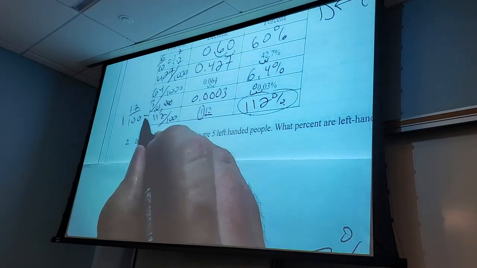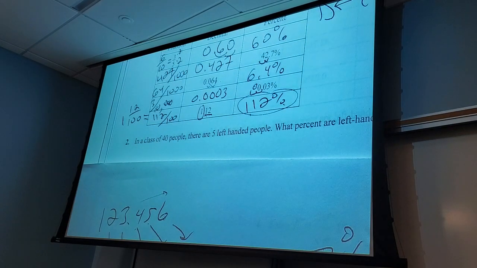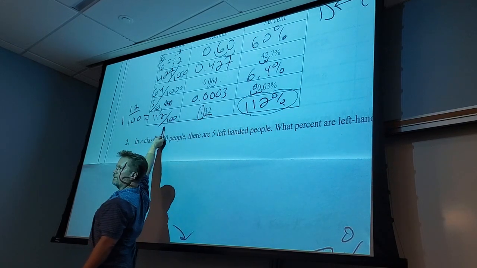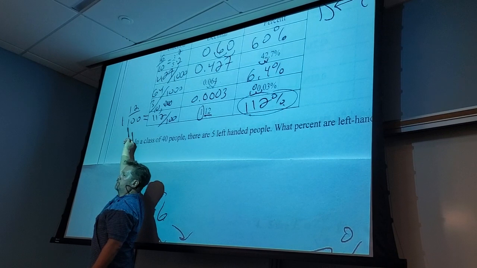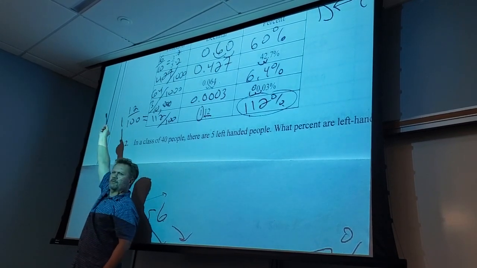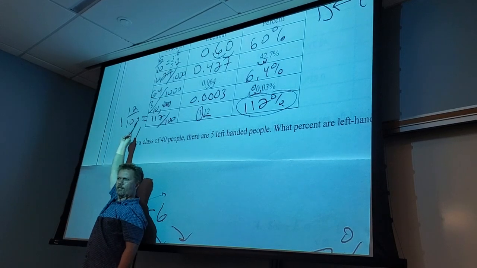These are the same, yes? Because how do you change from mixed? Right, this is a mixed number. This is an improper fraction. How do you change from one to the other? 100 times 1 plus 12. Does anyone remember that? So you get 112 over 100.